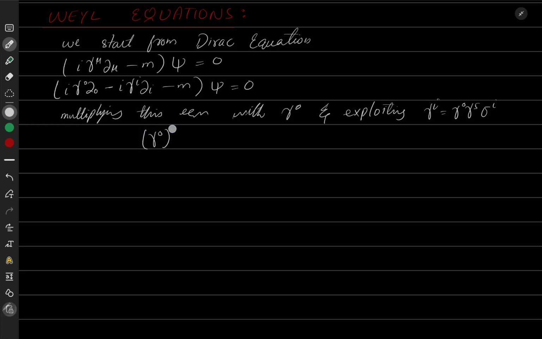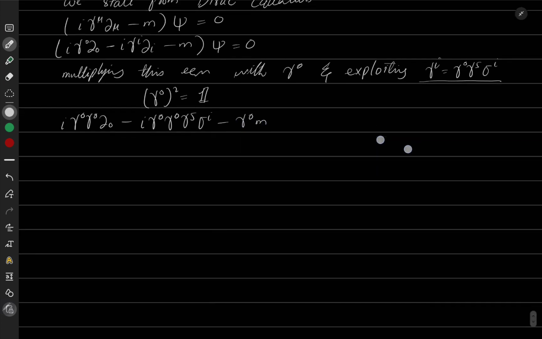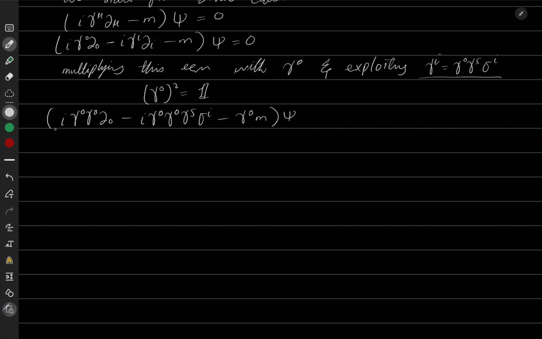Let me tell you that the square of γ^0 is unity. So here I multiply with γ^0 and exploit this fact. I write γ^0 first, which I'm multiplying, and then instead of γ^i, I write γ^0 γ^5 σ^i, where σ^i are the Pauli matrices, minus γ^0 m, multiplying ψ.